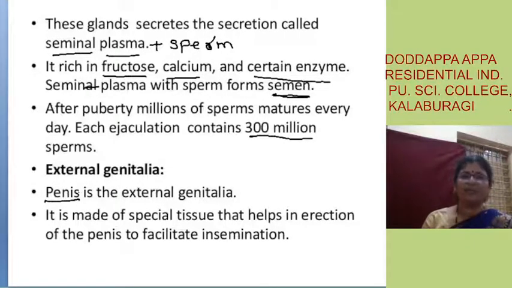It is a copulatory organ which will help in depositing the semen into the female reproductive system. It is made up of a special tissue which will help in the erection. And the erection is necessary during copulation, so that the copulatory organ can deposit semen into the female reproductive tract. It will facilitate insemination.